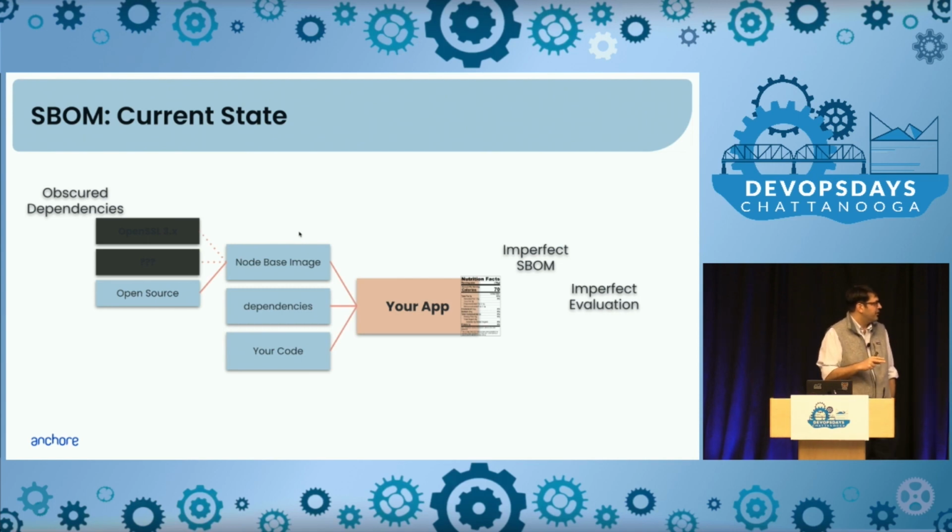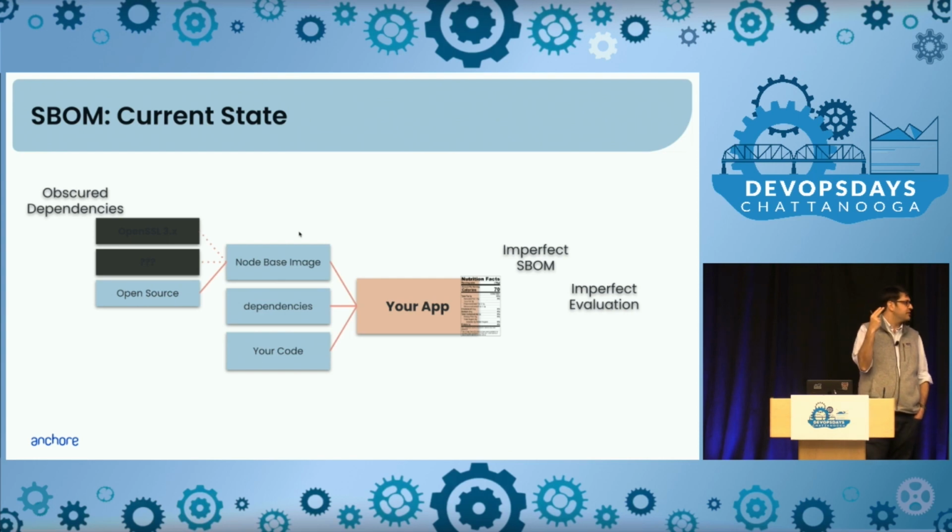I thought it was going to be really bad, but not quite as bad as we thought it was going to be. But in this case, Node in particular, I'm not trying to single them out, has OpenSSL statically compiled into the Node base image. Scanners don't detect it. There's no trace of it there. And so it's obscured. That's these dark gray boxes there.